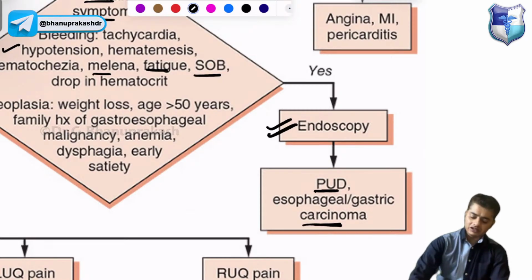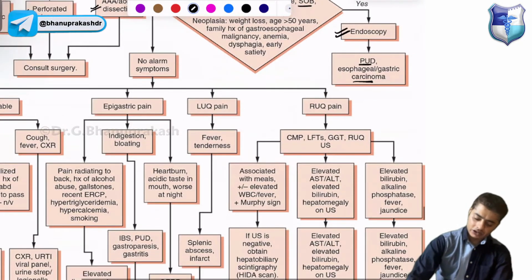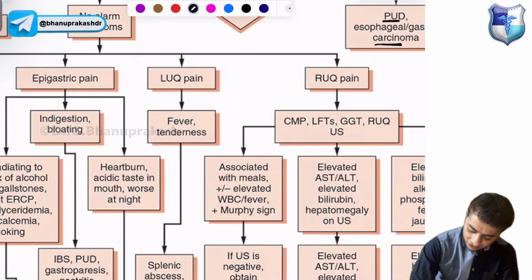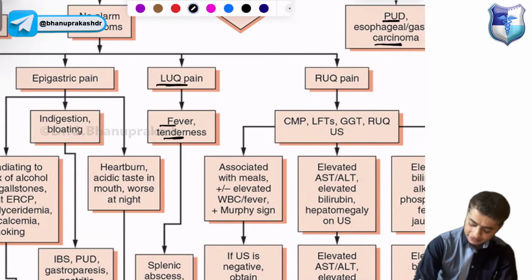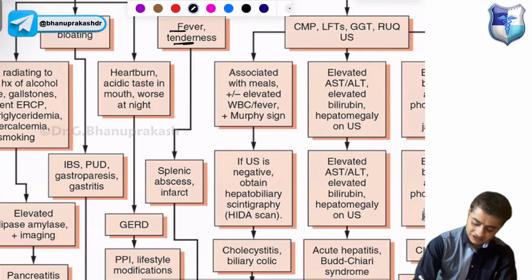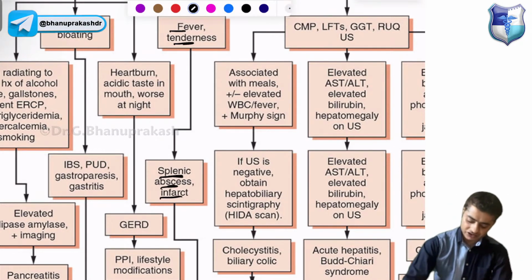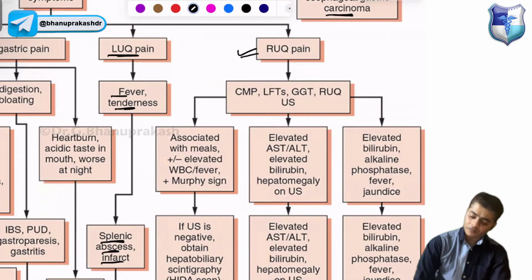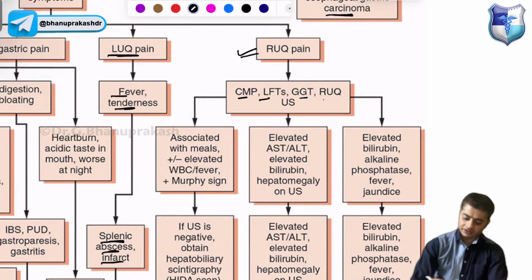If these things are also ruled out, then we will think that this is a chronic type of abdominal pain, so we will see the region of the area. If there is left upper quadrant pain and the patient also has fever and tenderness, we will suspect a splenic abscess or infarct, because earlier we have seen all causes region-wise. If the patient has right upper quadrant pain, we will send CMP, LFT, GGT and do a USG.